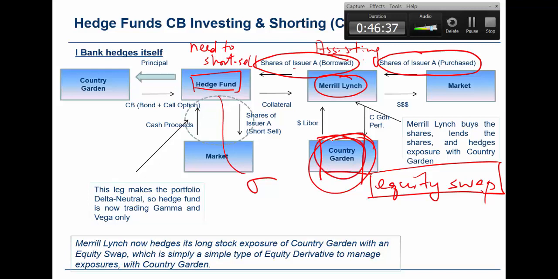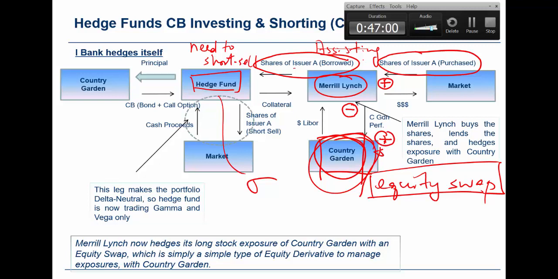Okay, so that means when they buy from the market, they are long, and when they turn around and face Country Garden here, they are short, because Country Garden is long. Now, here is the billion-dollar question.